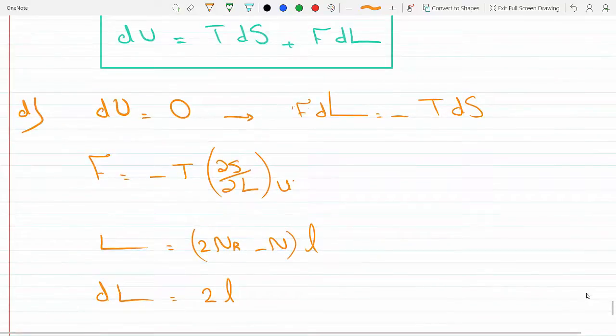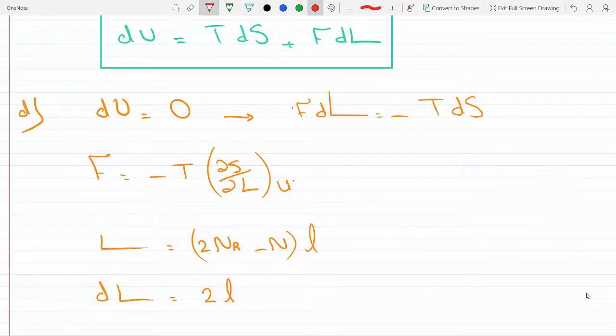In other words, because I do not have a direct relationship between S and L as of now, I'm trying to use the chain rule to say that my change of entropy with respect to the length of the rubber is just equal to dS over dnr times dnr over dL.